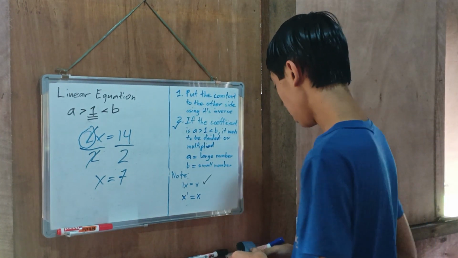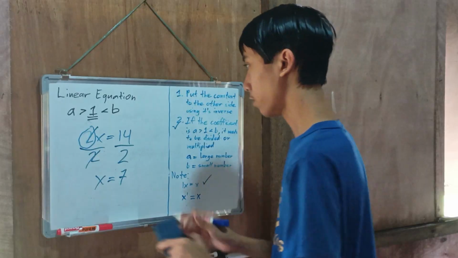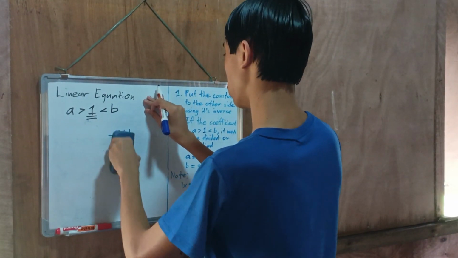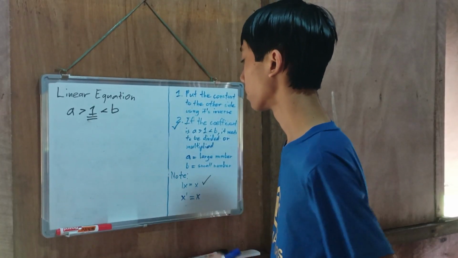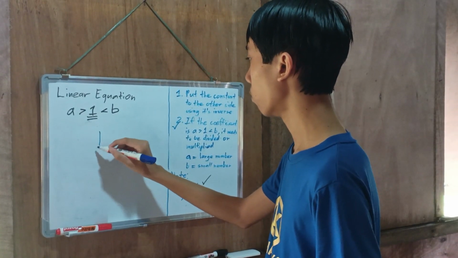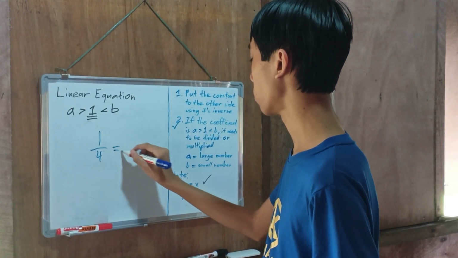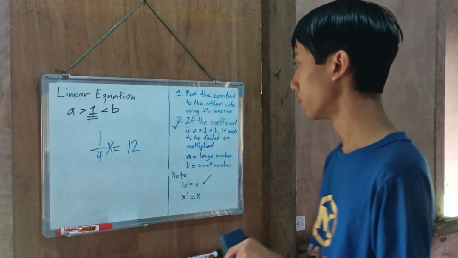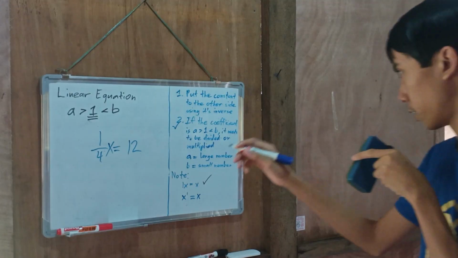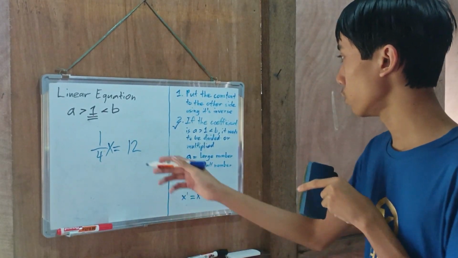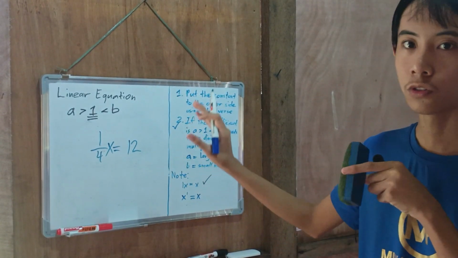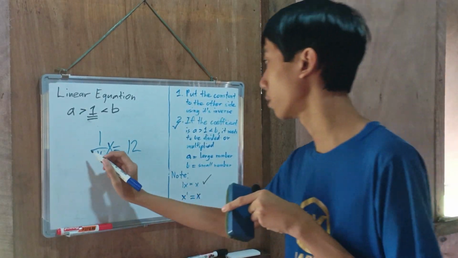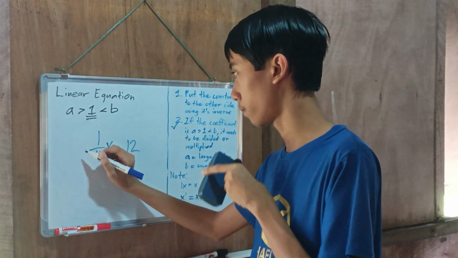Now, in fractions, it's very different. That's when you multiply, I'm gonna show you. If 1/4 of x equals 12, we can see that in order for its coefficient to be 1, you need to multiply by its denominator, which is 4.